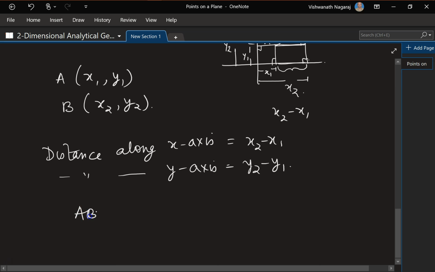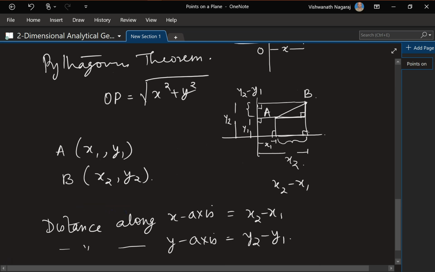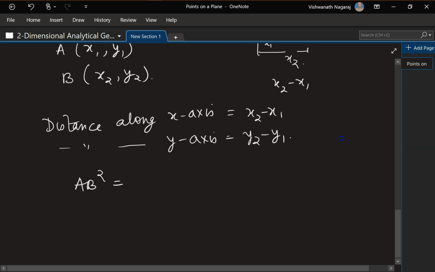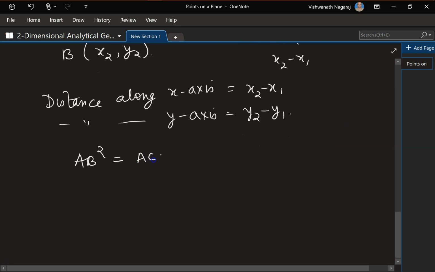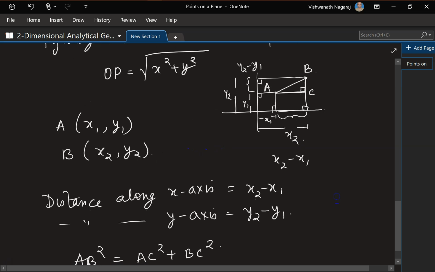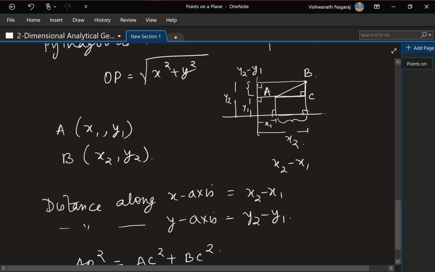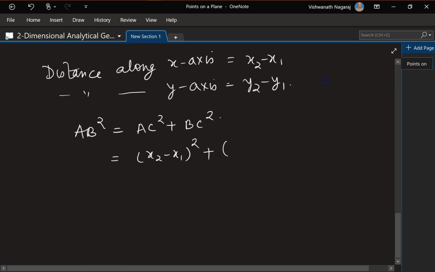Let's say this is C. We can say AB square is equal to AC square plus BC square. AC is x2 minus x1 square, plus BC, which is y2 minus y1 square. And AB is equal to the square root of this.